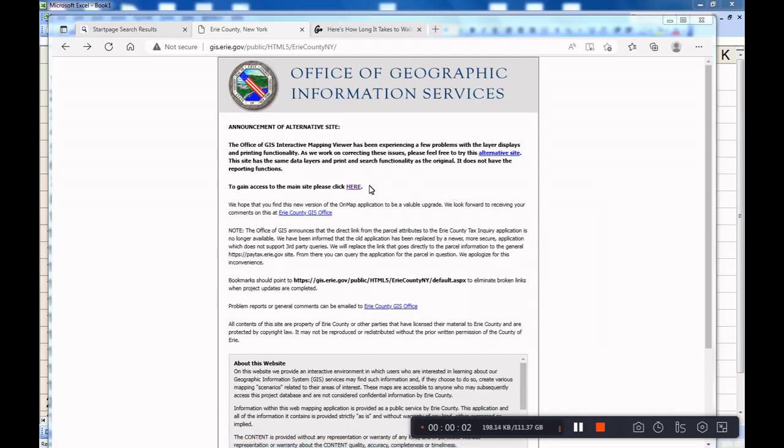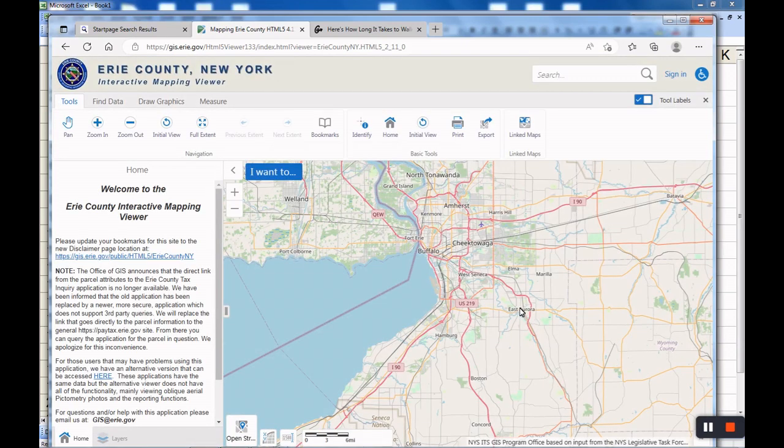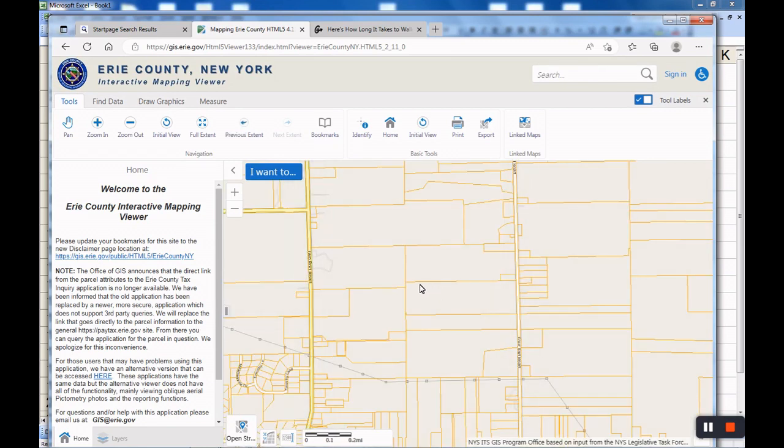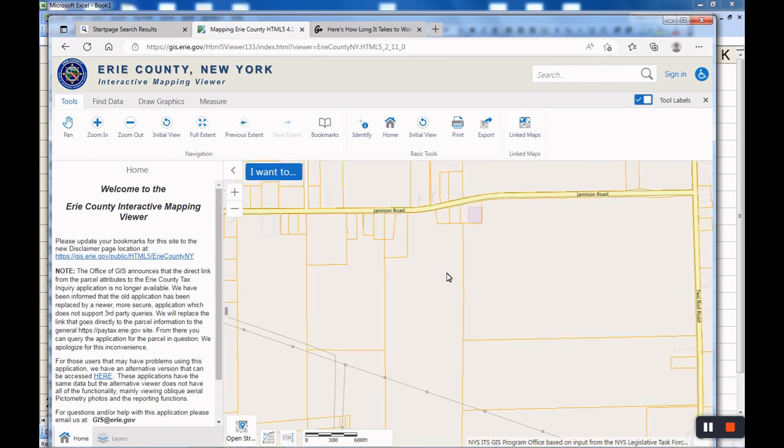All right, let's go for the tiebreaker. Erie County GIS website. There we go. And I'm just going to zoom in somewhere and show you how to do this.